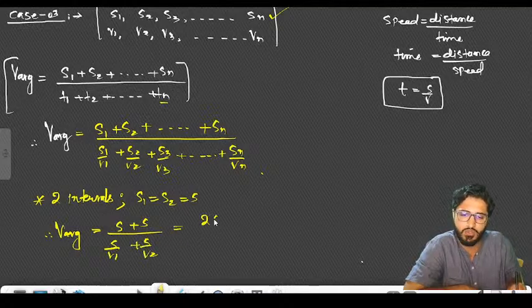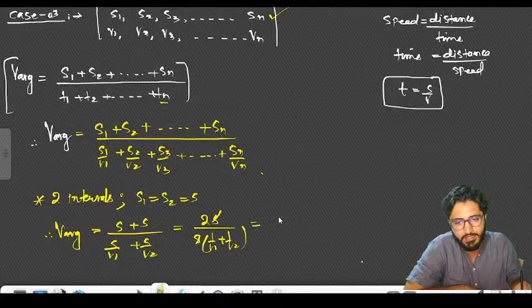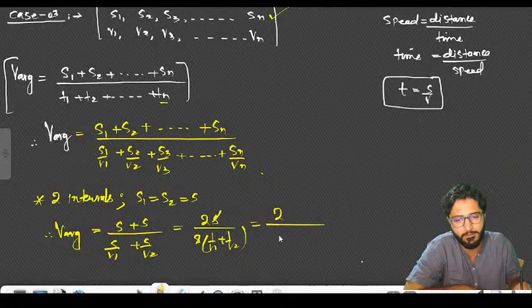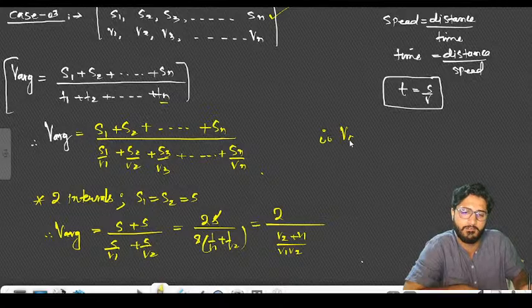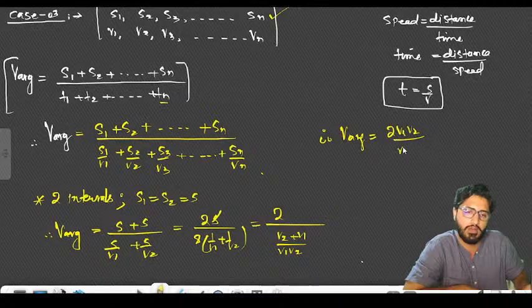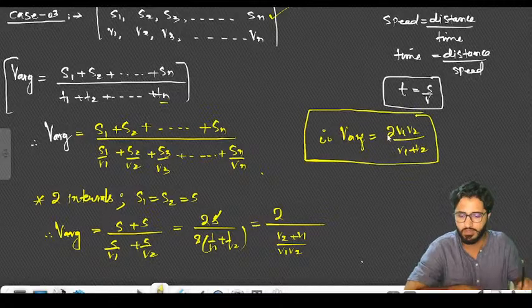I can write it is 2S, whole divided by, I can take S common, 1 by V1 plus 1 by V2. S, S cancel out. So I can write here 2, whole divided by V2 plus V1 divided by V1 V2. So therefore V average came out to be 2 times V1 V2, whole divided by V1 plus V2. Done?